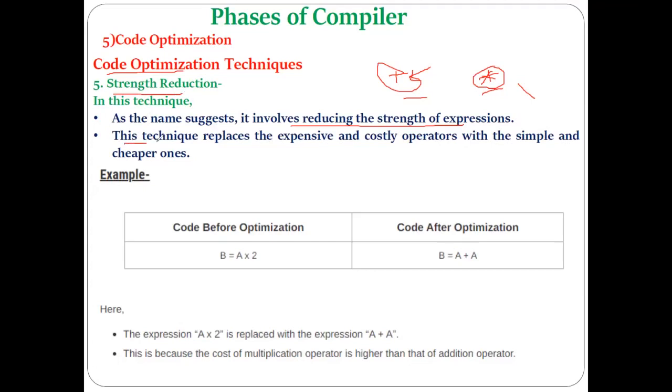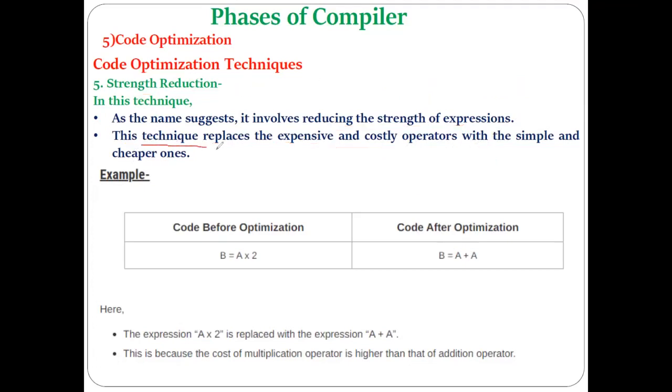So let's see, this technique replaces the expensive and costly operators. Which are the expensive and costly operators as compared with plus and minus? Star and division operators are the expensive and costly operators. Replacing the expensive and costly operators with less expensive and less costly operators is called strength reduction.